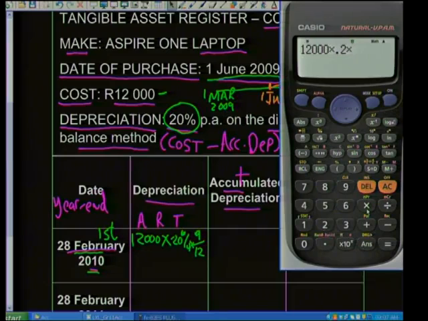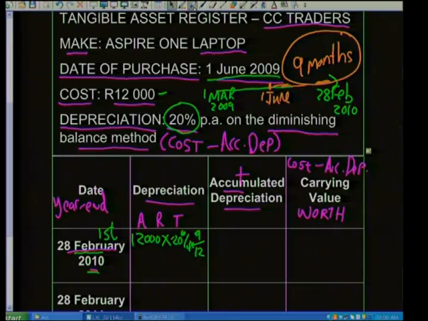We've only used the asset for 9 months, so 9 divided by 12. And that gives us a depreciation amount of 1,800 for the first financial year. Okay, so let's fill that in. Our depreciation is an amount of 1,800.